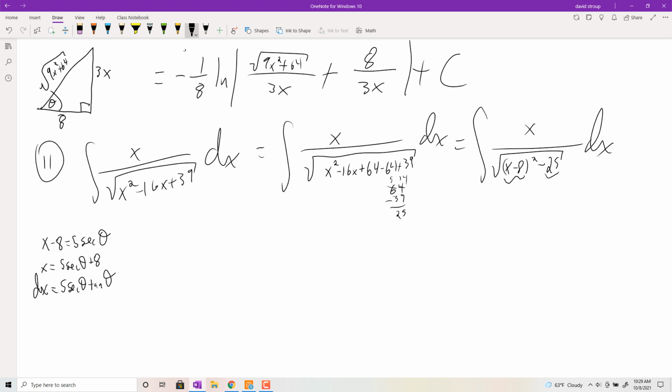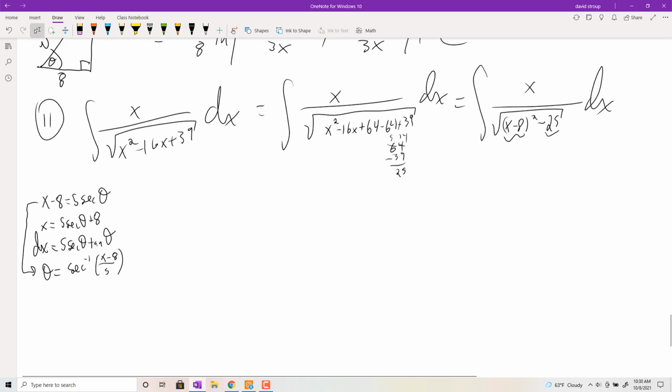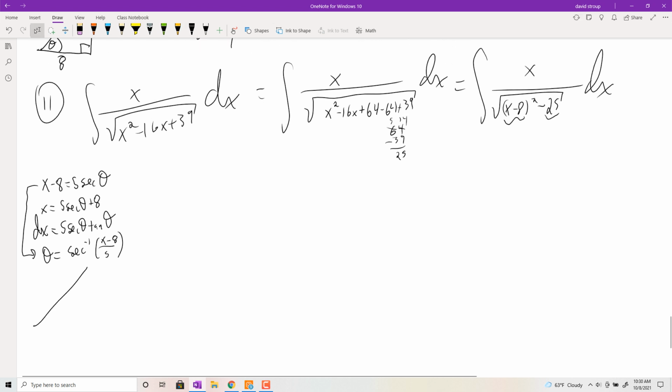Then I'm going to get my triangle material, solving this thing for theta. Theta will equal secant inverse of x minus 8 over 5, when all is said and done. Then I need my triangle. Theta here. Secant is 1 over cosine.